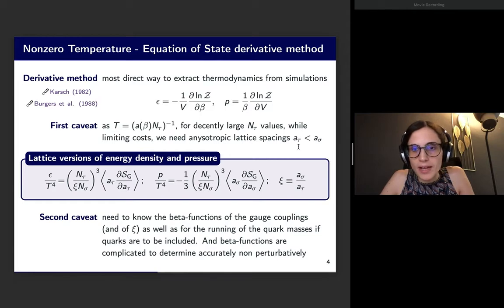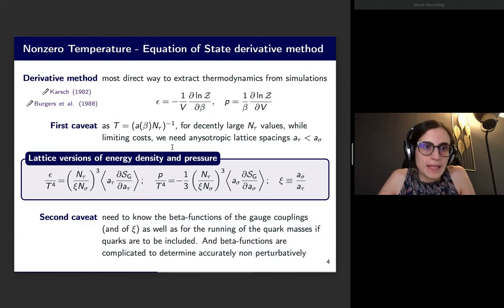And if you pick a finer lattice spacing in temporal direction, then by changing n-tau and going to large n-tau, you don't increase the simulation costs so much in order to fulfill the chain of inequalities that I told you is very important in running finite temperature simulations, where you know that n-sigma, the spatial extent, must be much larger than n-tau.